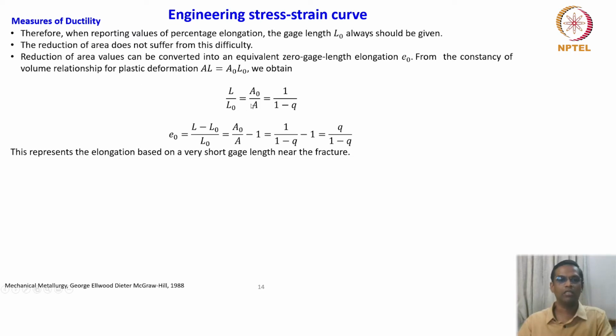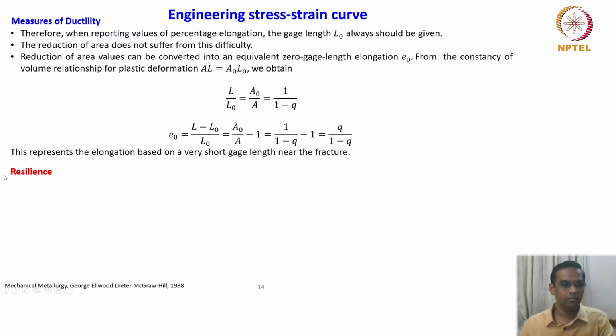So L by L naught is equal to A naught by A, which can be written like this: 1 by (1 minus q), and then the engineering strain can be written like this. So (L minus L naught) by L naught is equal to A naught by A minus 1, which is 1 by (1 minus q) minus 1. This represents the elongation based on a very short gauge length near the fracture. Please remember this.